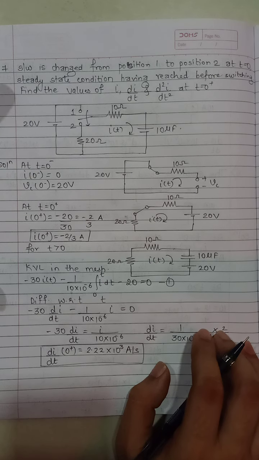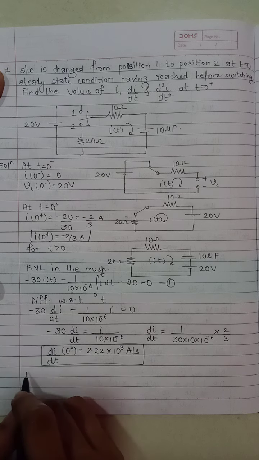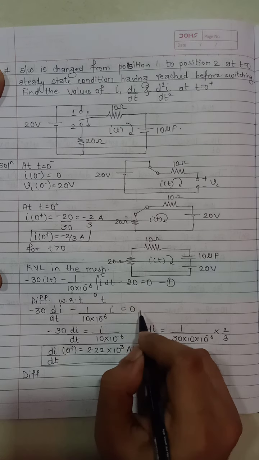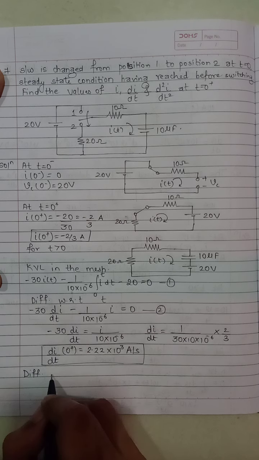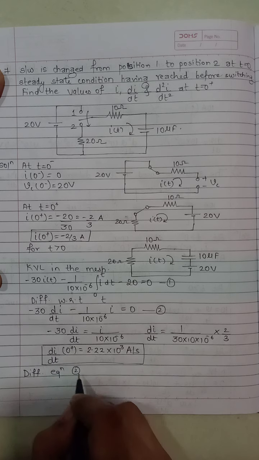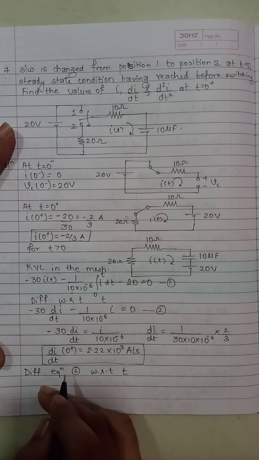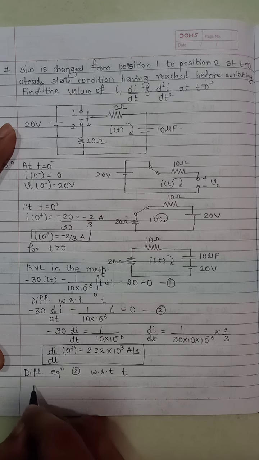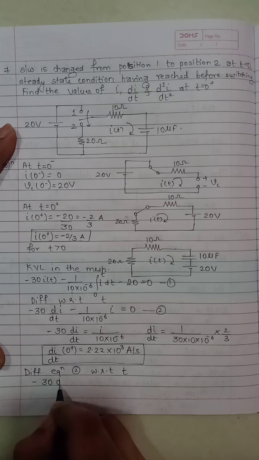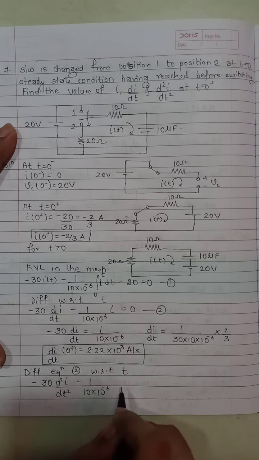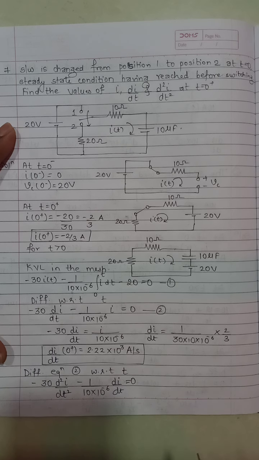Now last task is to find d square i by dt square. So I'll differentiate this equation with respect to t. So I'll get minus 30 d square i by dt square minus 1 upon 10 into 10 raised to minus 6 di by dt equals to 0.